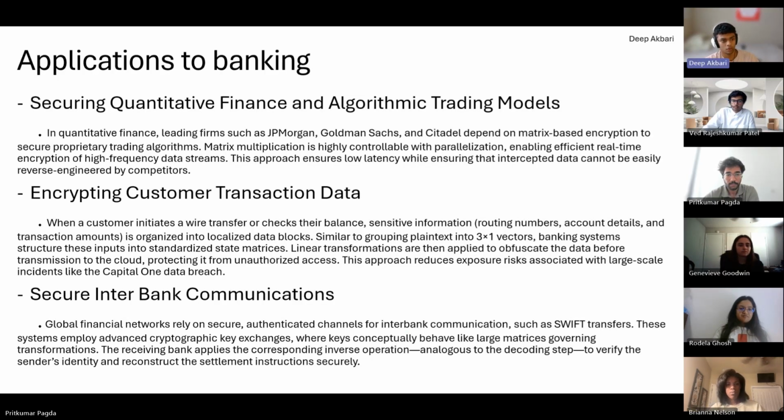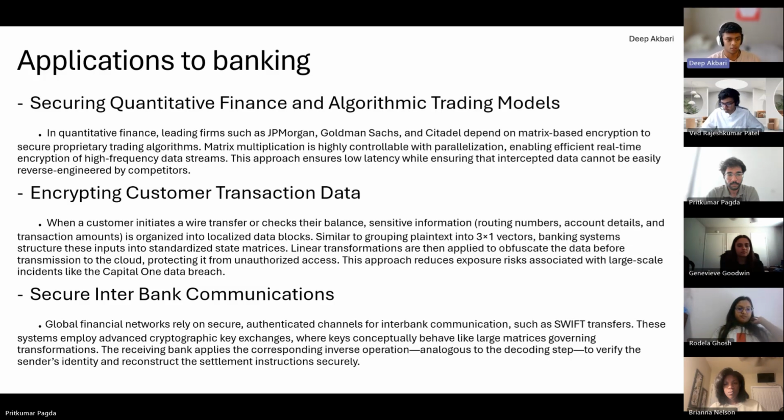So talking about the video, there are also a lot of applications in banking related to matrix-based cryptography. The first one that we have is how we can secure quantitative finance and algorithmic trading models.